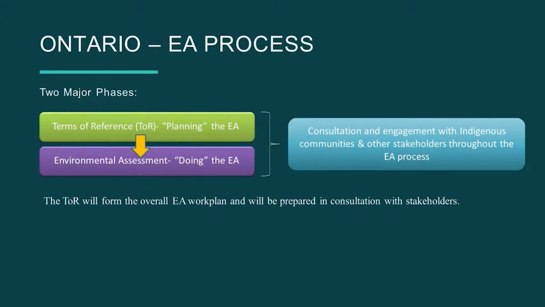So it's conducting those baseline studies that have been outlined and specified in the ToR. The ToR describes what you're going to do. The EA is the actual execution of what you're going to do. The one thing I want to mention about this EA process is that consultation and engagement with Indigenous communities and other stakeholders occurs throughout this entire process, as I mentioned before.